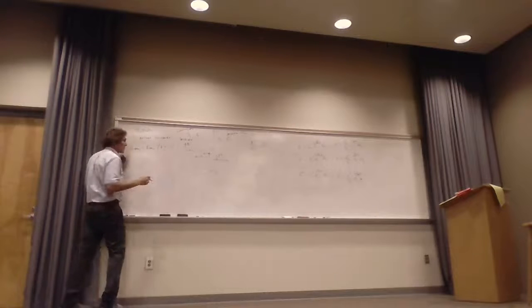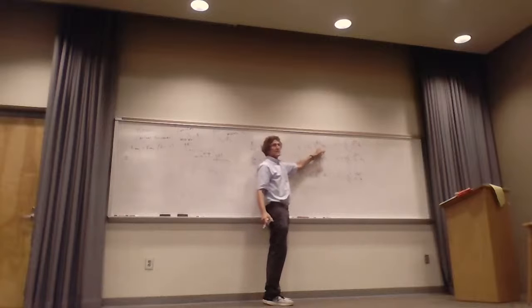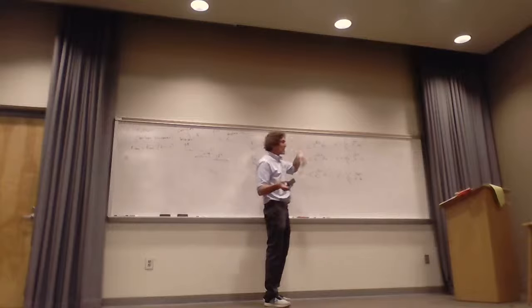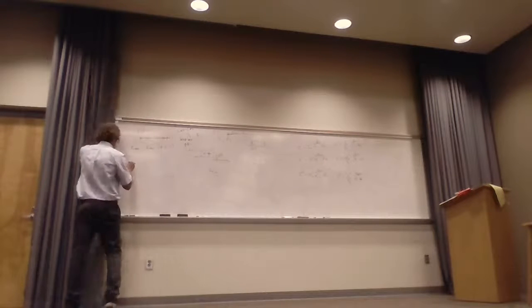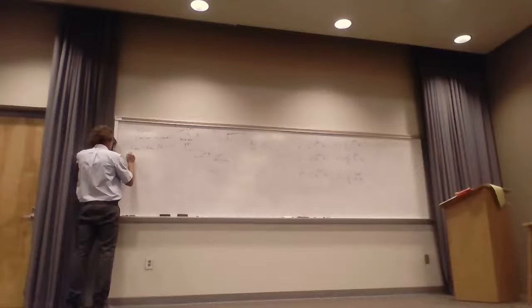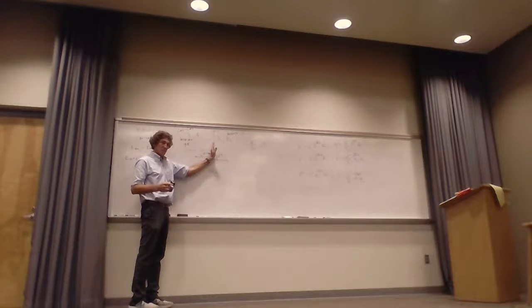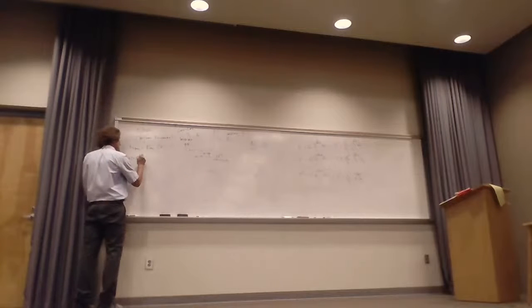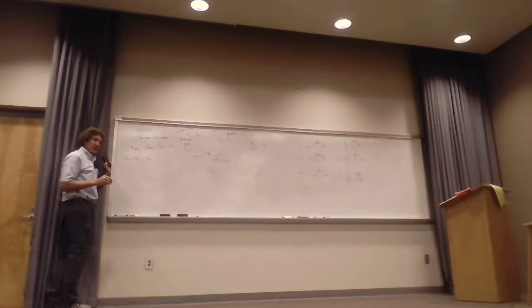Because, clever person that I am, I made sure these exponentials would go to 1 when z is 0, since e to the 0 is 1. So then I have E naught incident plus E naught reflected, which at this point have to be equal to the transmitted wave, E naught transmitted. That's the first equation.